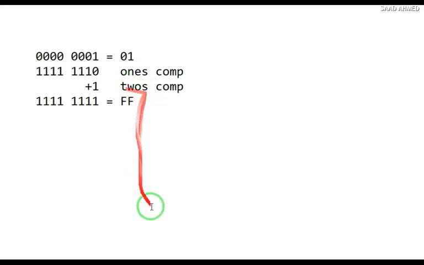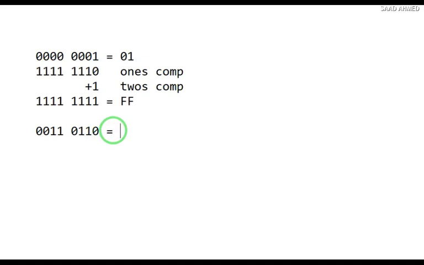Okay, let's see another example. Here we have 0011 0110. So 0011 is 3 and 0110 is 6, so this binary number is equal to 36.